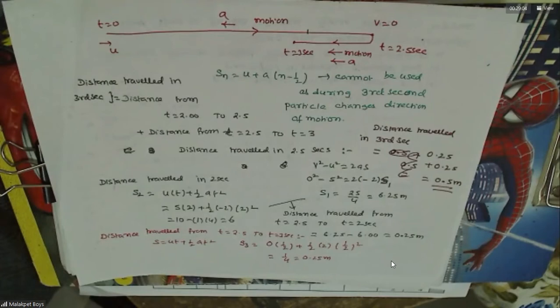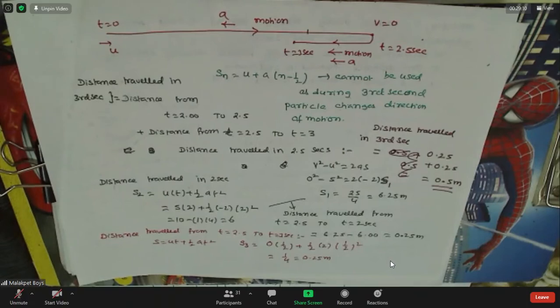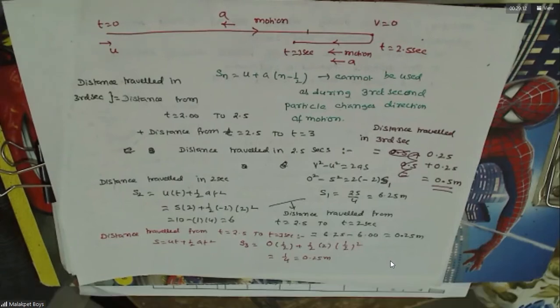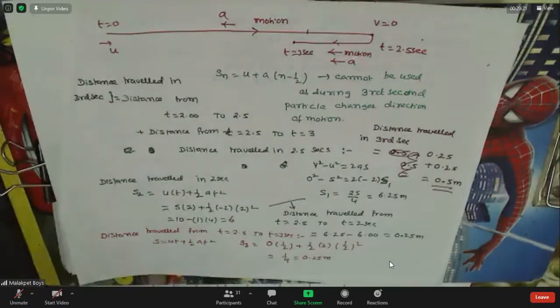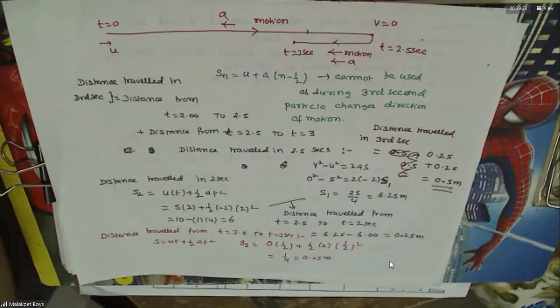If it doesn't change direction, directly you can use S is equal to ut plus half at square. If there is a change in direction, then you have to consider the intervals. Before change in direction, after changing direction, add them. Understood this? Hello? Yes, sir. Understood, sir.